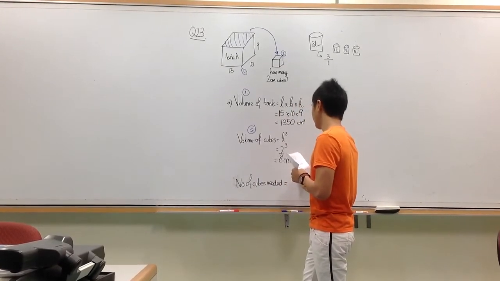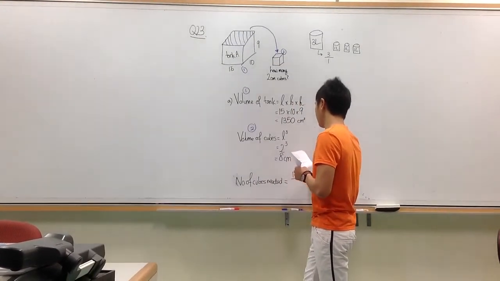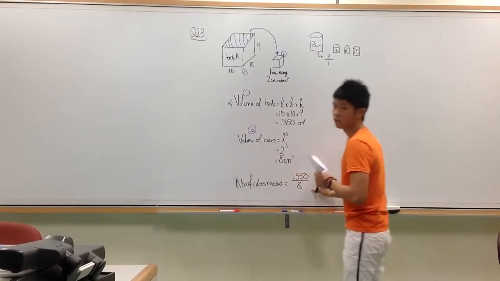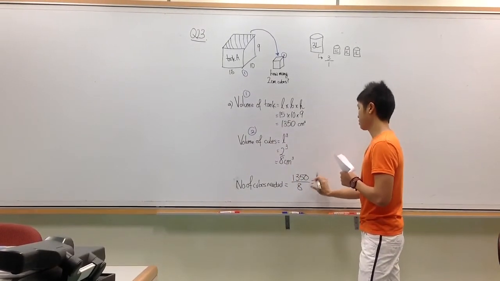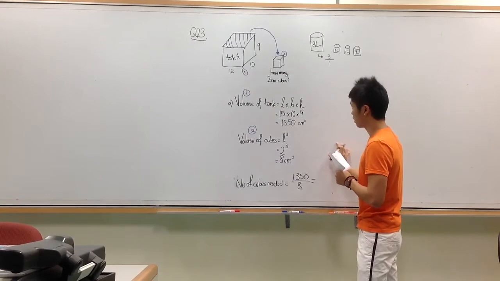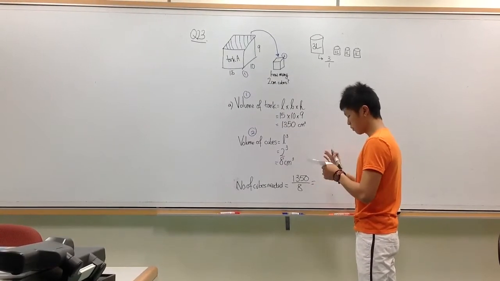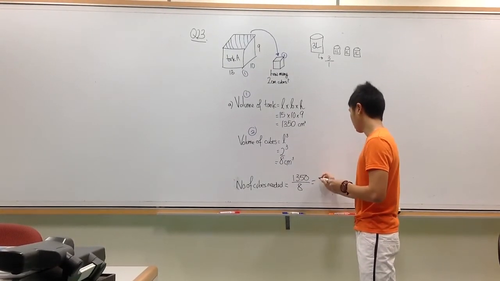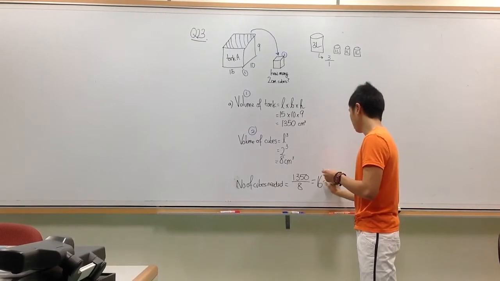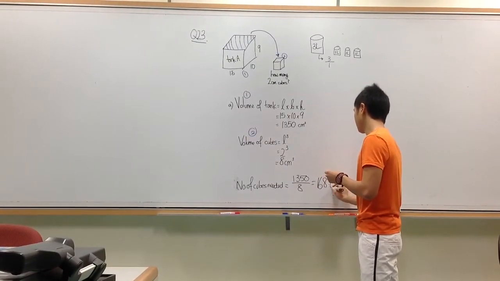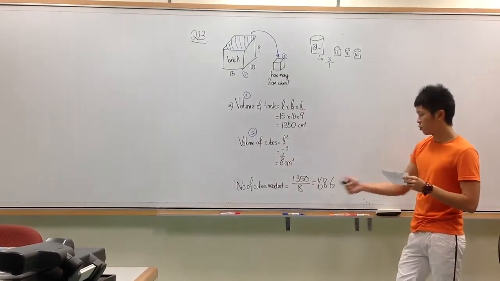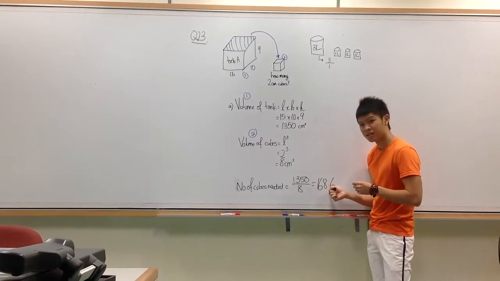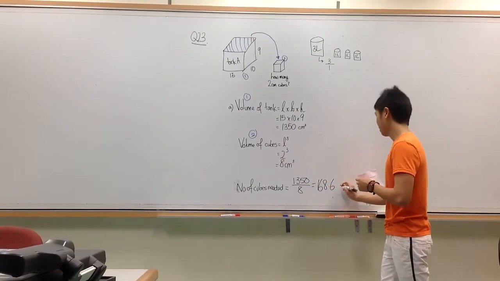So you take 1350 cubic centimeter divided by 8 cubic centimeter. Remember, do not write the units in the middle of your working. So if you press the calculator once again, you'll get 168.6. Now, do you have 168.6 cubes? Is that possible?